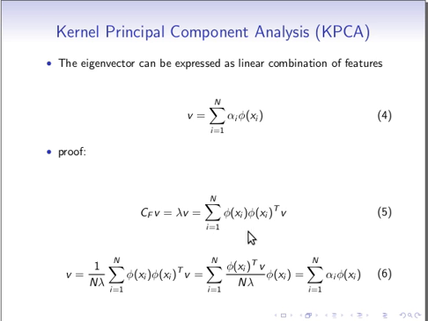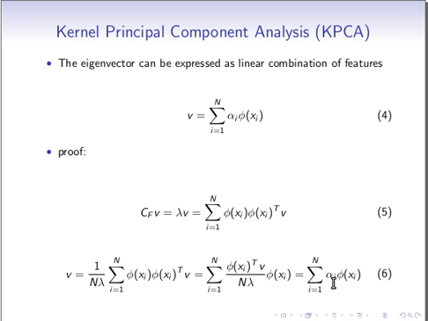We can write it in this way: the summation times v, and then we can put the lambda in here and rewrite it in this way, and then we can put this xi transpose vector in here, and then we can get the new equation: the eigenvector is equal to the summation of alpha i times xi.